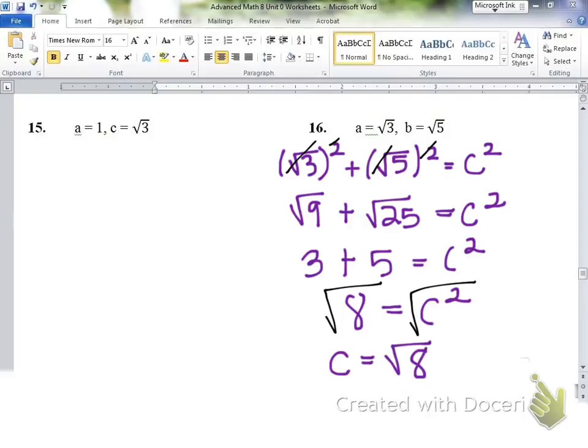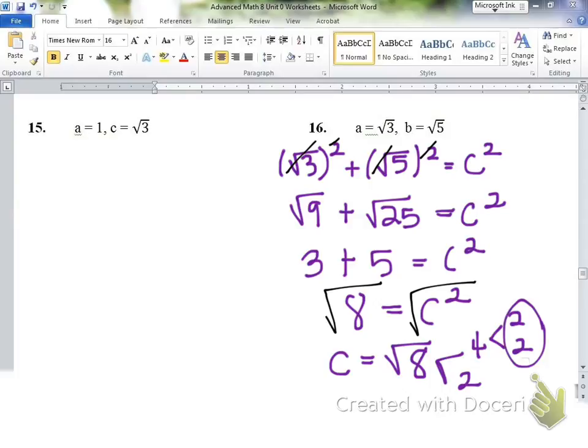Can I take the square root of 8? No. But are there any pairs inside of 8? How could you break 8 down? 4 and 2. And how would 4 break down? 2 and 2. So make sure you're writing this. So how many 2's are actually inside of 8? 1, 2, 3. We can pull one of the pairs of 2 out.